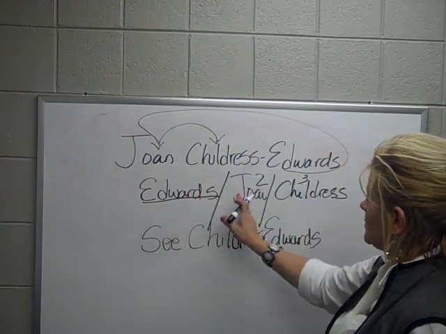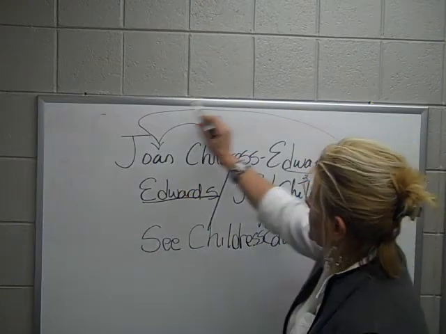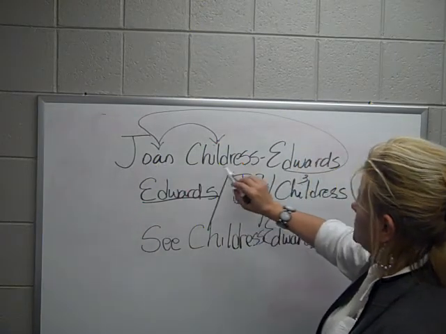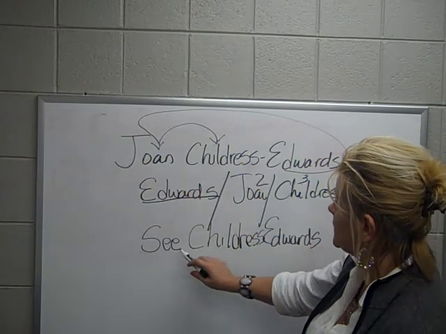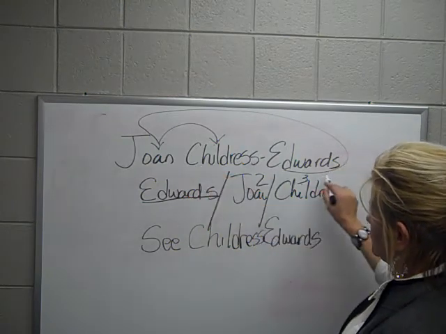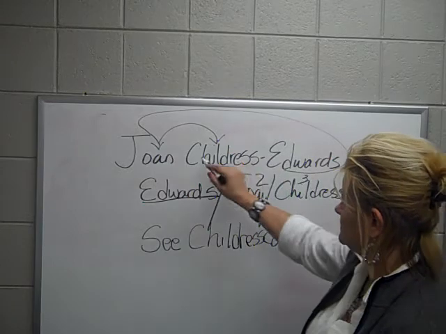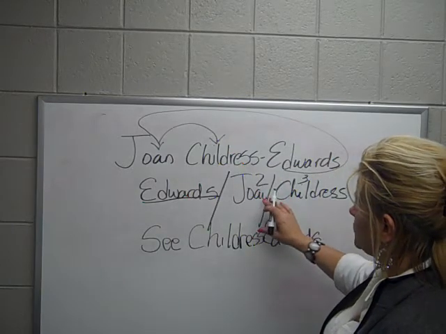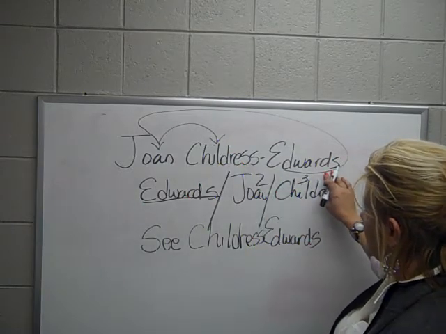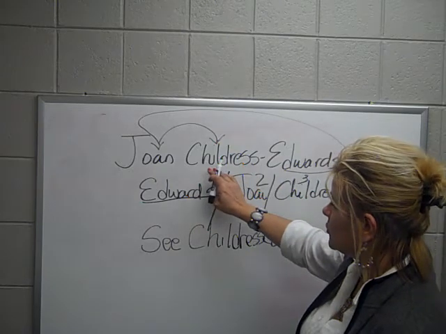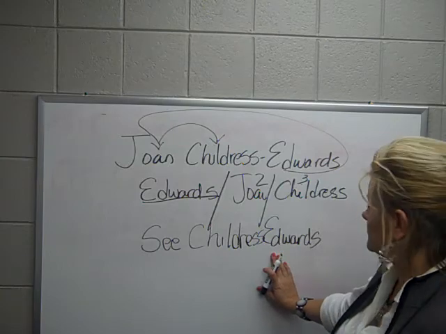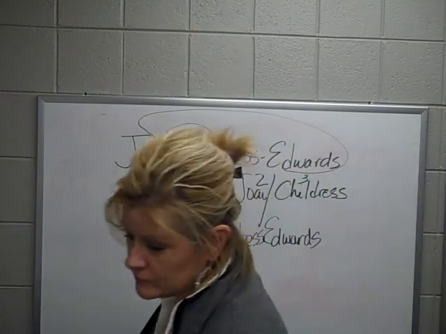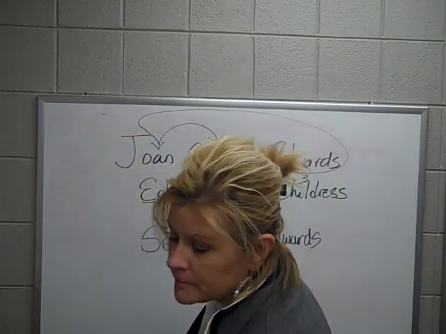And then the rest of it we go back around in order, Joan Childress, and then we're going to see her original last name. So we can find Joan either by her married name or her maiden and last married name, by both of them.